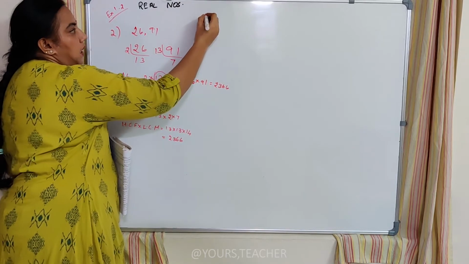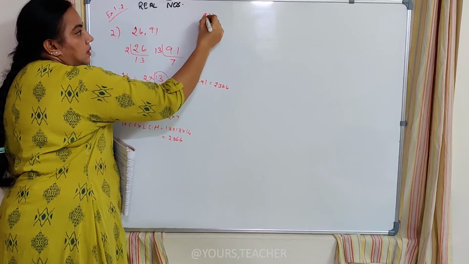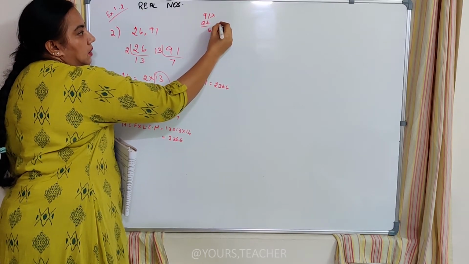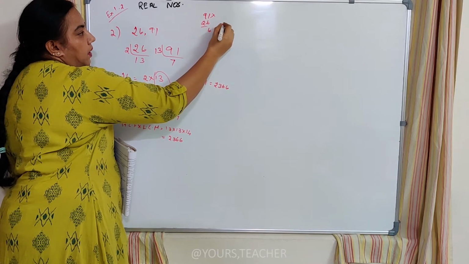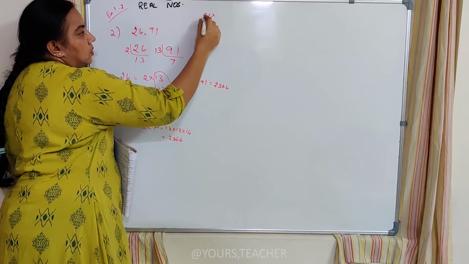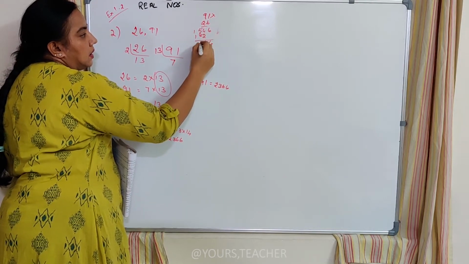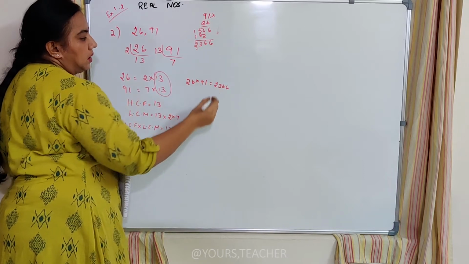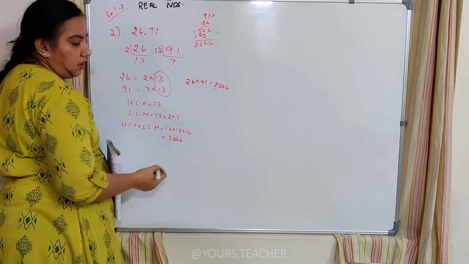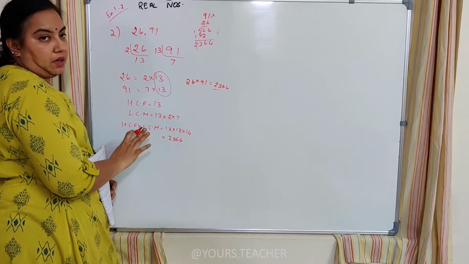We can multiply it here again. 1 6 is 6, 9 6s are 54. 1 2 is 2, 2 9s are 18. 6, 6, 13, 2366. The same number I have got here also.